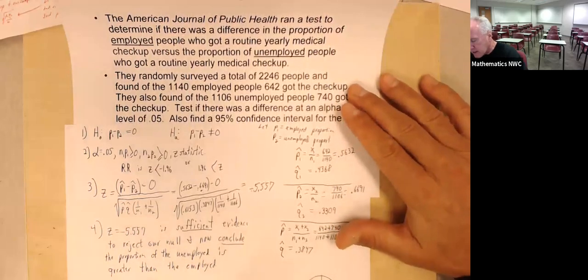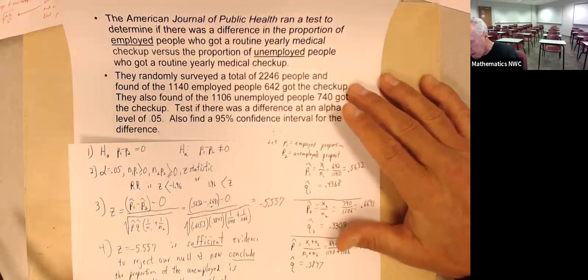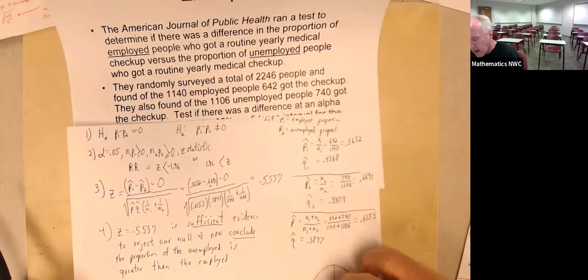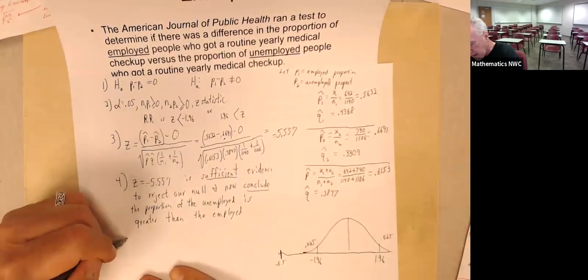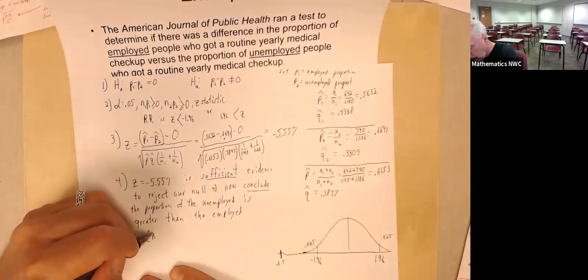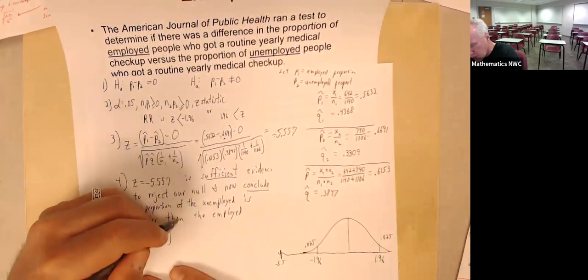They also wanted us to find a 95% confidence interval. Remember I said that formula is pretty standard every time. So I'm going to copy that formula down right down here. That confidence interval, it was P1 hat minus P2 hat. You have this in your notes already.